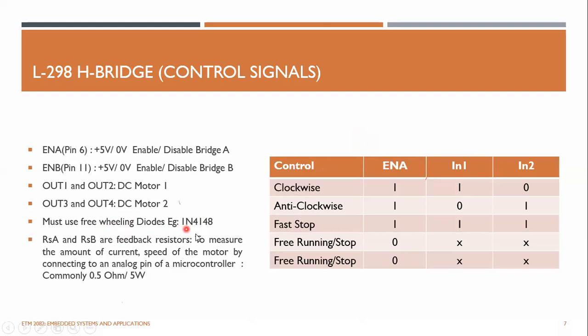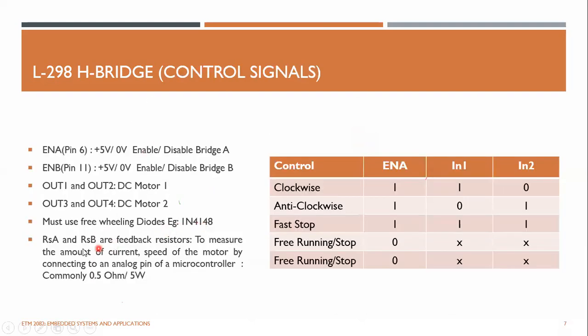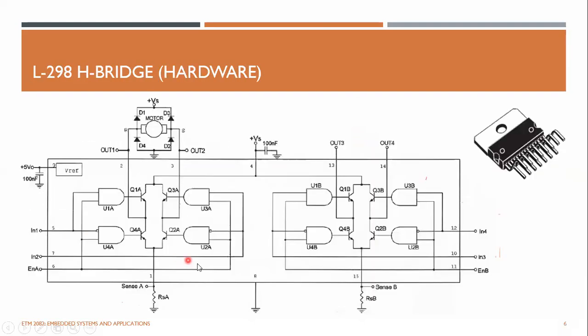So out 3 and 4 are to drive the other motor. You must connect the freewheeling diodes; an example freewheeling diode is the 1N4148. This is that one. RSA and RSB are feedback resistors, like I mentioned. You can use these to observe the motor current.